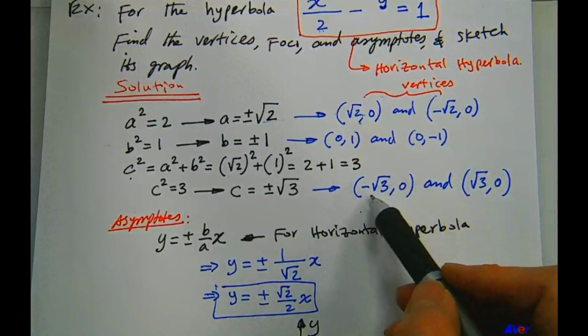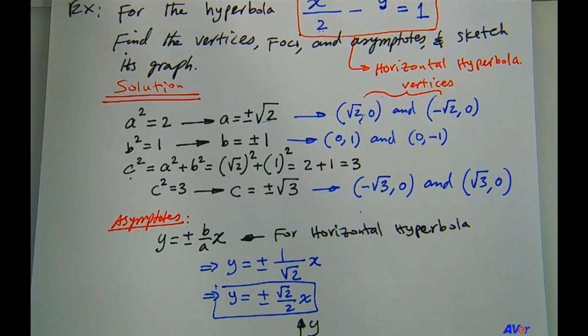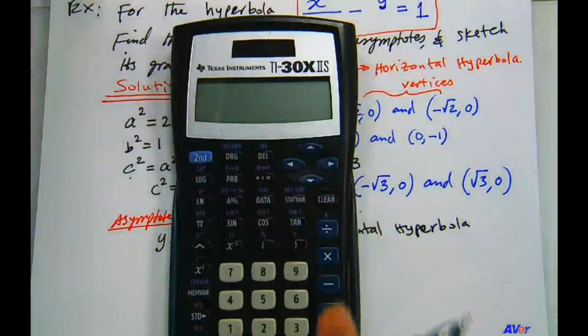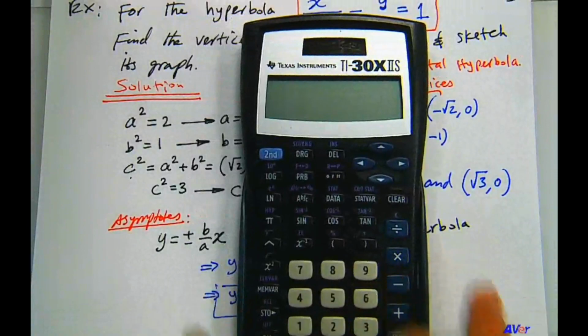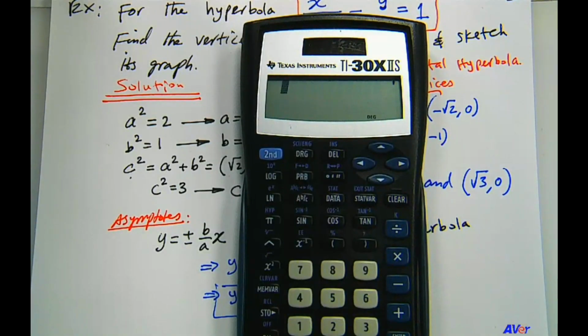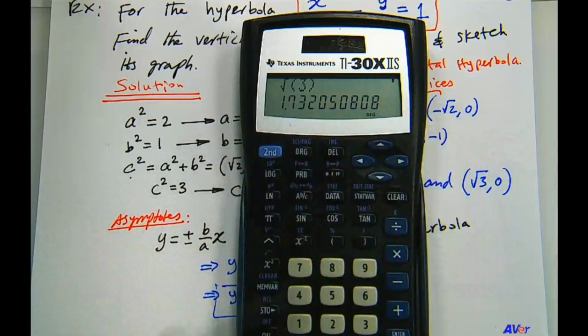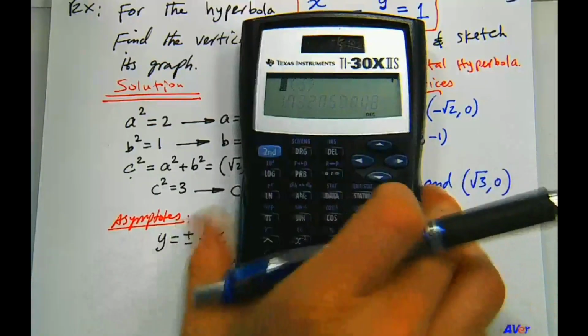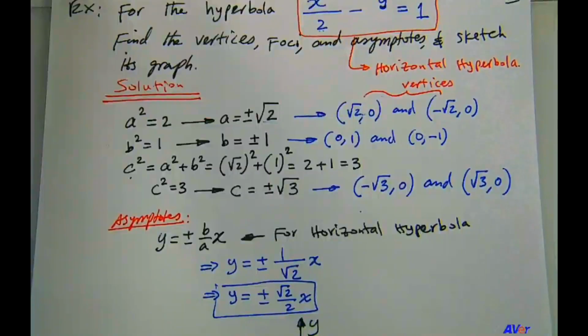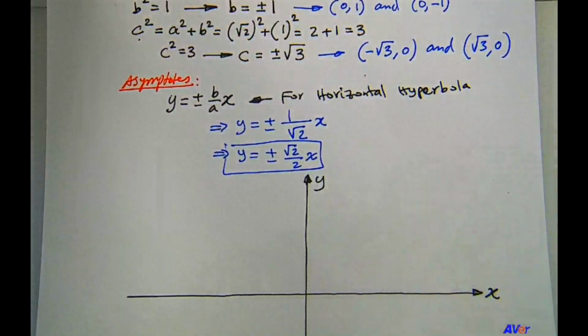Square root of 3 is 1.73 something, so less than 2 basically. And square root of 2 is just 1.414 and so on, right? So just a ballpark idea of what these numbers are. I'm going to make my increments 1 and 2, so those are easy numbers to work with.